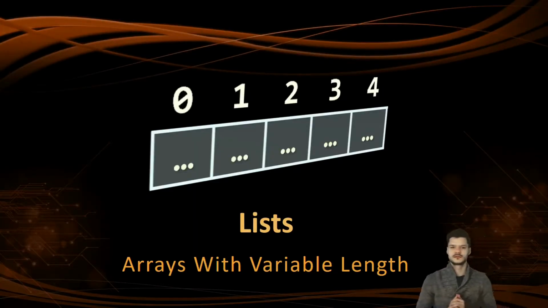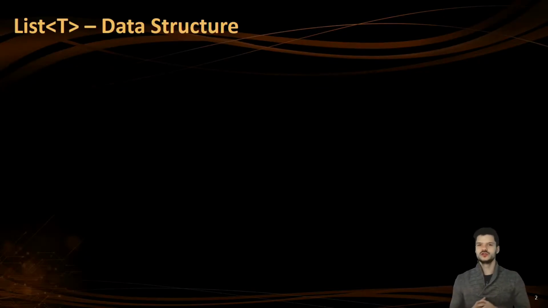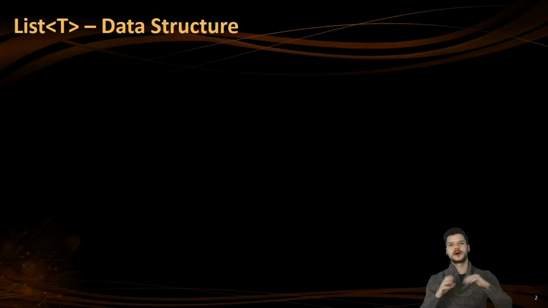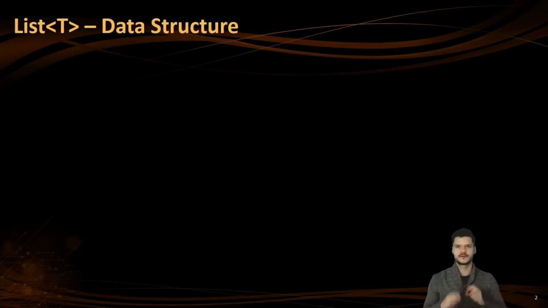Okay guys, so let's see what lists are exactly and how they differ from arrays. As I've shown you, lists are on top of arrays. What I mean is they're data structures. They also store elements like arrays, but they have a bit of differences that ease us in using lists rather than arrays.